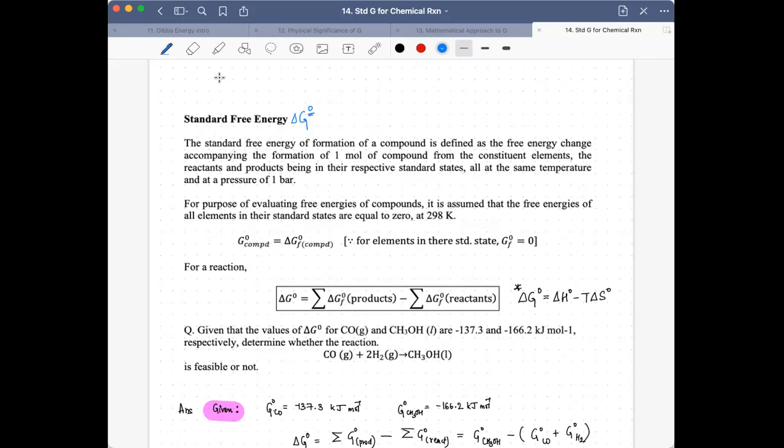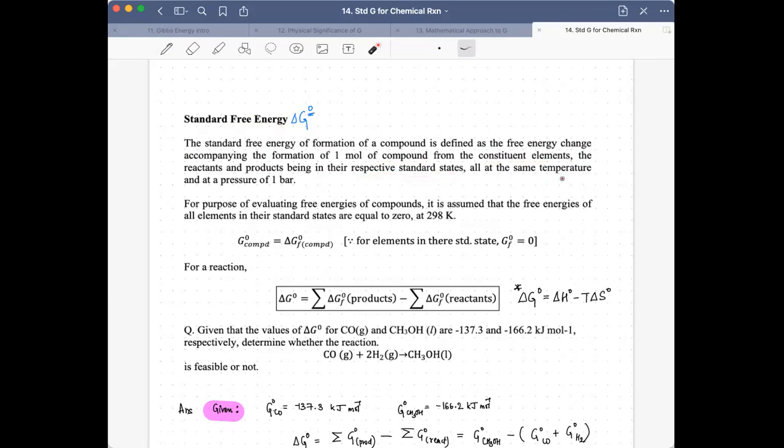Okay, let's look at this particular definition. The standard free energy of formation of a compound is defined as the free energy change accompanying formation of a compound from its constituent elements. The reactants and product are respectively in their standard state.